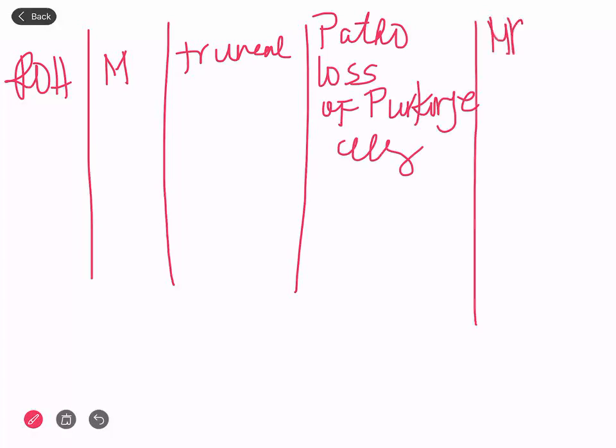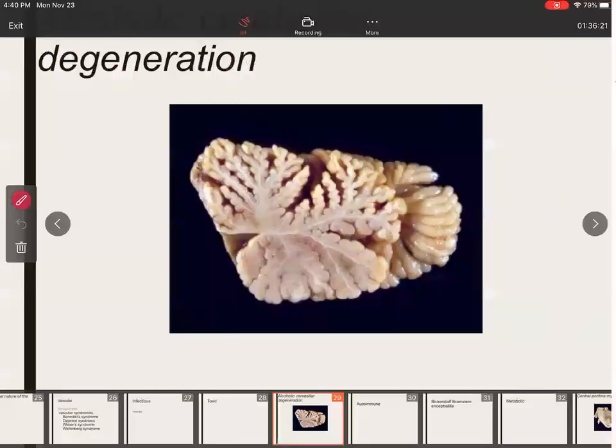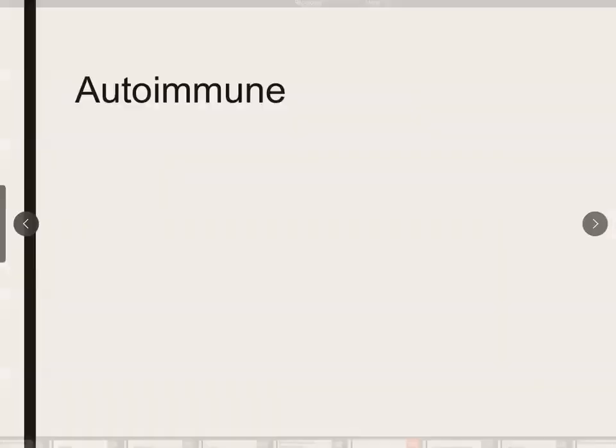You can actually see atrophy of the vermian region. Therapeutics: you can detoxify them using vitamin B complex, or you can probably rehabilitate them. So that is for the therapeutics. That is for alcohol.